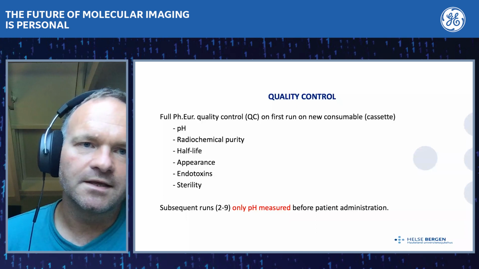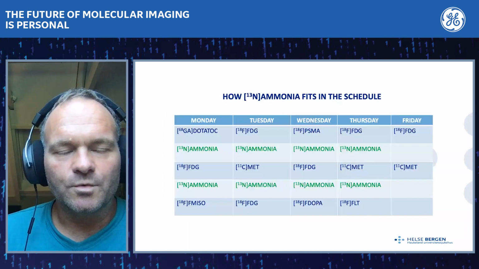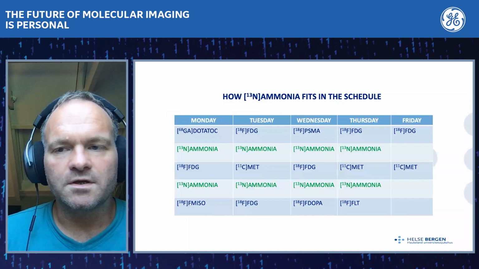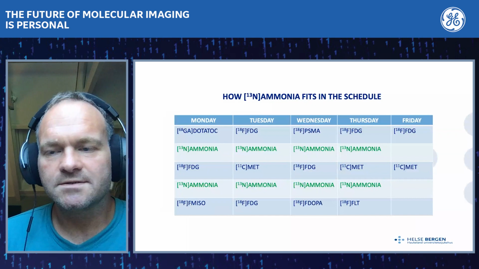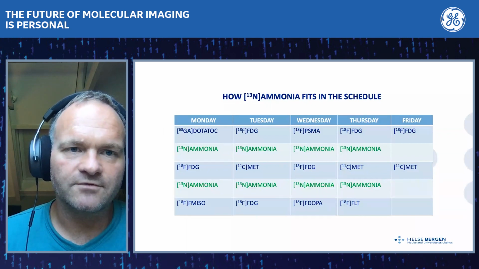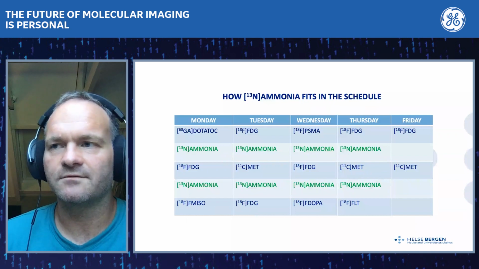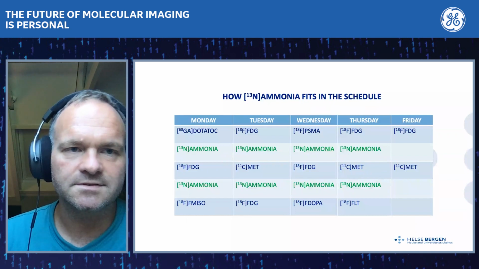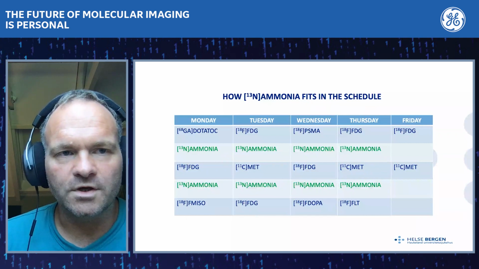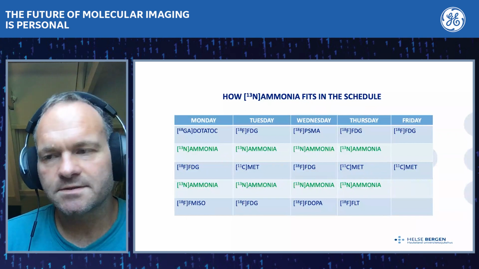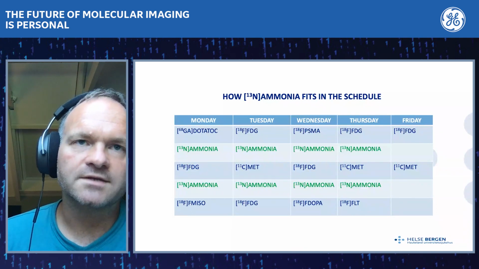So with that said, how do we envision the ammonia in our busy schedule? So since the EANM system has a 48-hour usage time for the cassette or the multiple run cassettes, we could then put in ammonia on multiple days and fit into the already existing schedule.